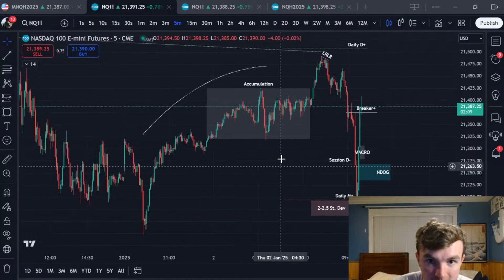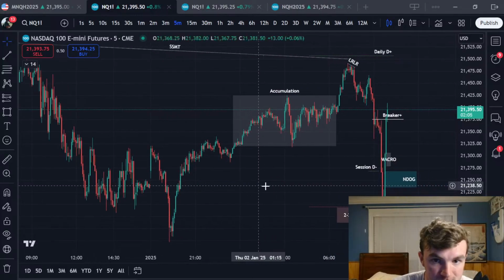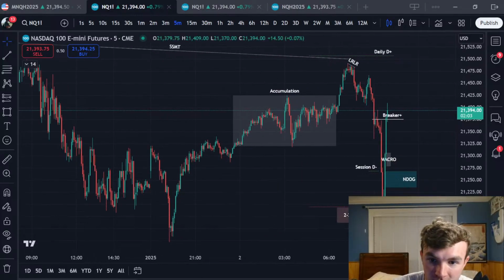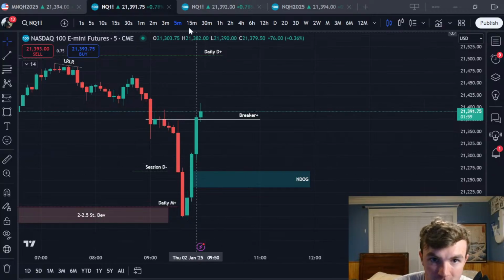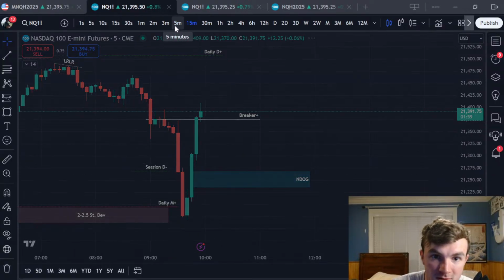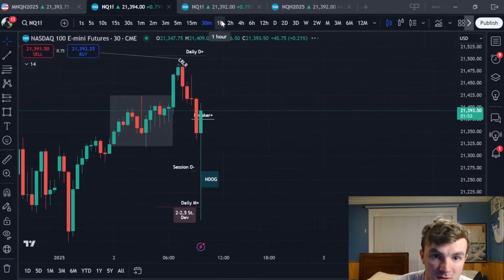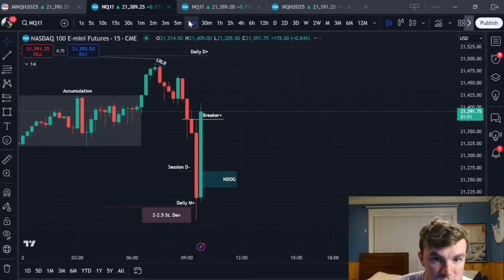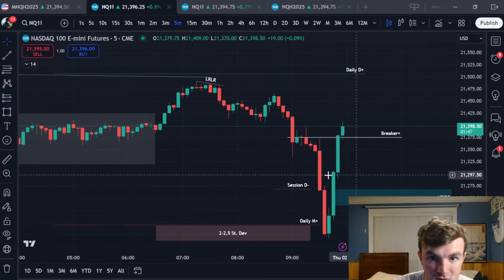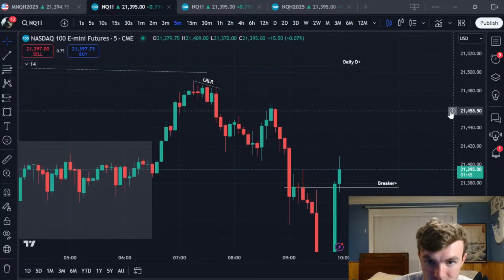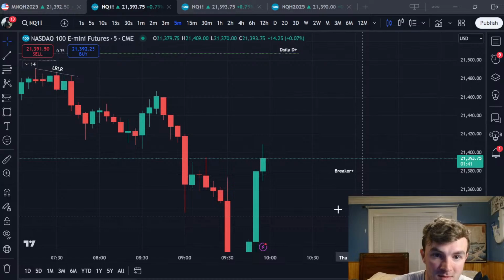So, yeah, we inverse this. Really good inversion. Kind of thinking if we inverse this 5-minute, we could get some opportunity.